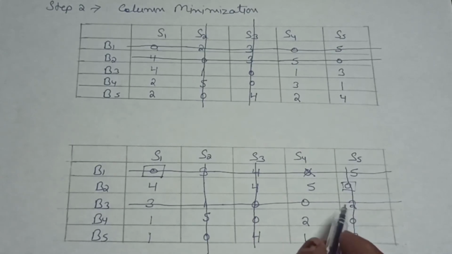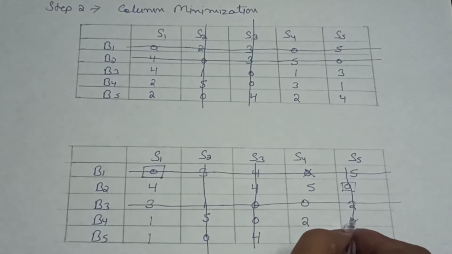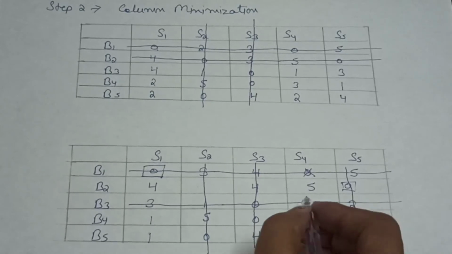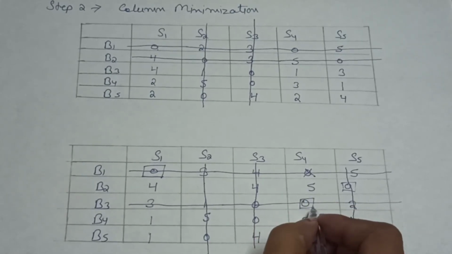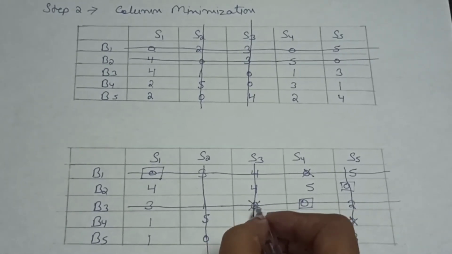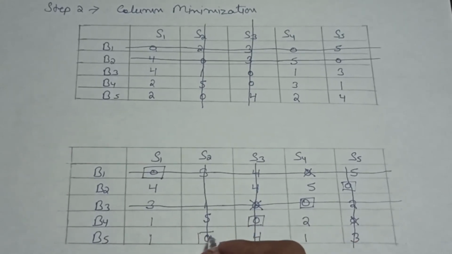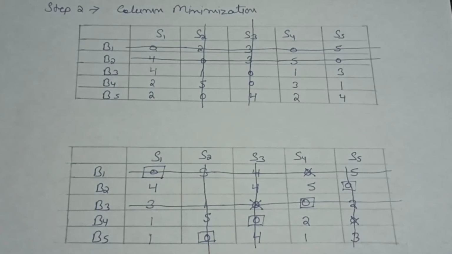Now you can see we can't select this 0 in the next row or next column. For the third row, we have two 0s. Here we will select this 0. So we can't select this. In the fourth row, we will select this 0. And in the fifth row, we will select this.